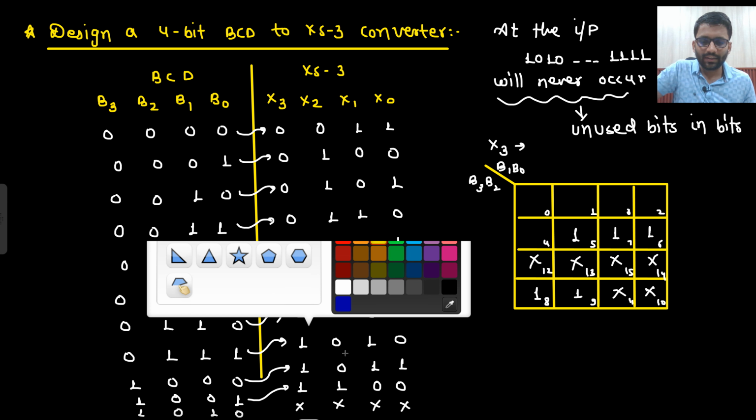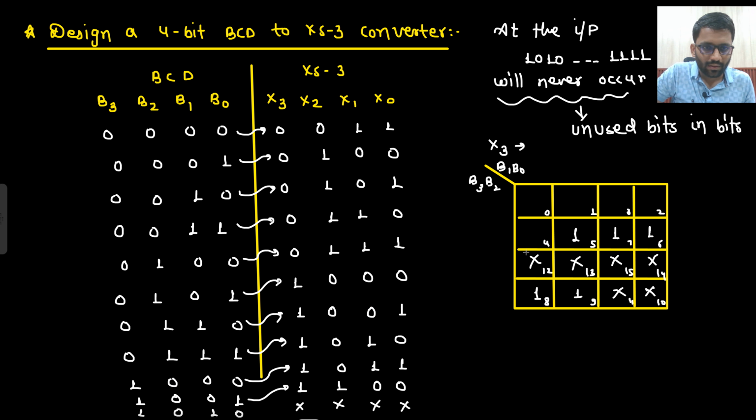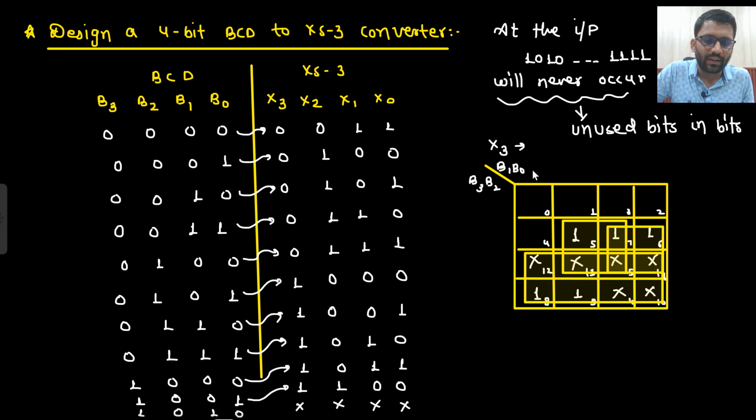So what do I see here? Is there any octet? Yes, this octet I can see. Any other octet? No. This quad and another quad. If I write here, this is 0, 0, 0, 1, 1, 1, 1, 0, 0, 0, 0, 1, 1, 1, 1, 0. So in this quad, all these are changing.